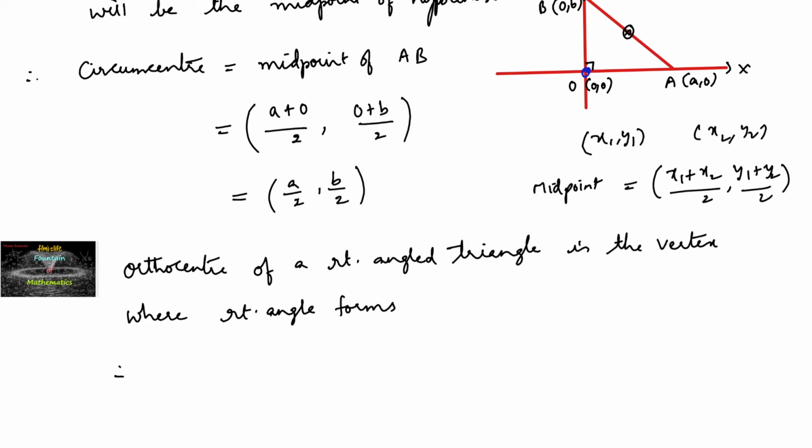So therefore, orthocenter of triangle OAB is equal to origin, because in triangle OAB angle O is 90 degrees. So we can consider origin (0, 0) as the orthocenter.